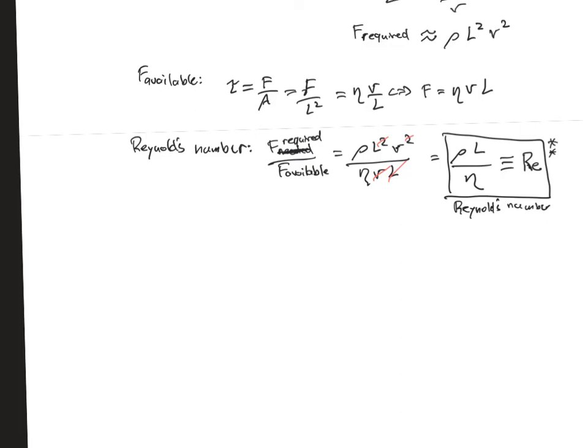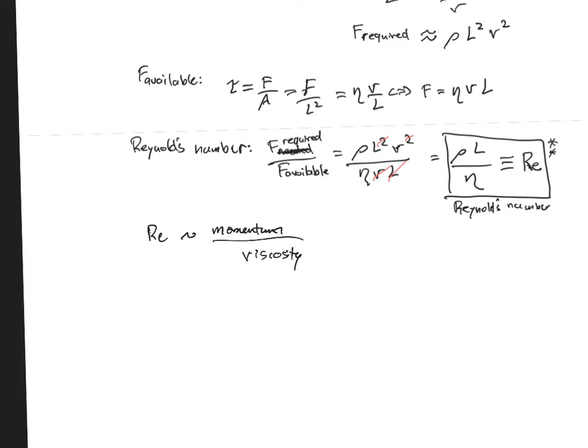Another way to think about it is that the Reynolds number, Re, is basically a measure of your momentum, because that's related to the force that's required. So force is having to do with momentum, or the momentum of the block, I should say, divided by the viscosity. So a high Reynolds number means you have a lot of momentum relative to your viscosity.